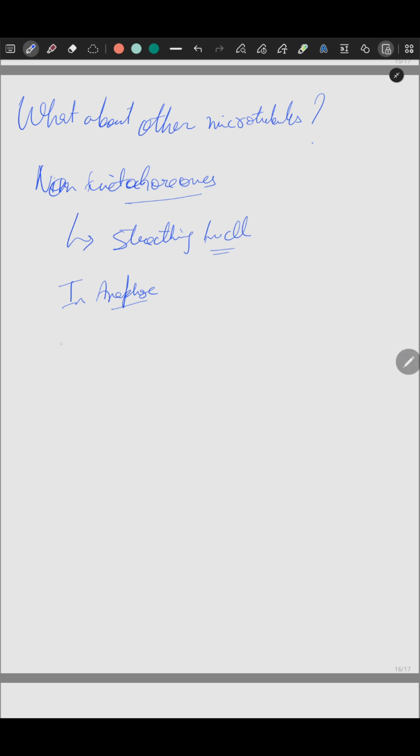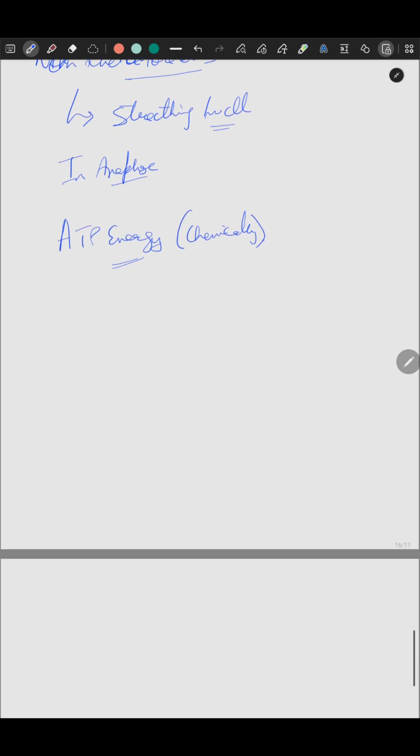Okay, this is done by ATP energy, or we can say chemically. At the same time, these microtubules also get longer and longer by adding more tubulin units.